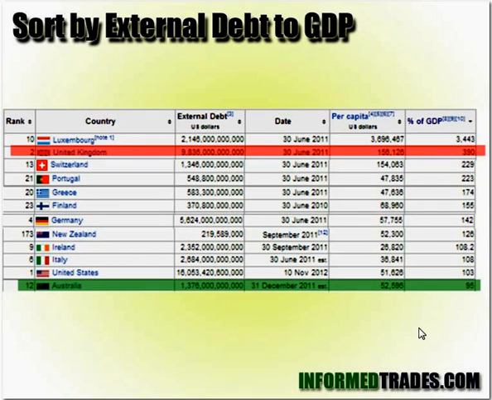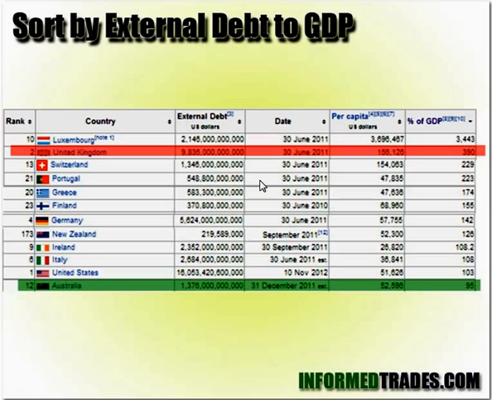Okay, next thing we look at is external debt to GDP. Basically, external debt to GDP is the debt of a country or its government held externally, by foreign creditors, and we measure that relative to GDP. If there's a lot of external debt relative to the economic productivity of the country, the currency is susceptible to foreigners dumping it.